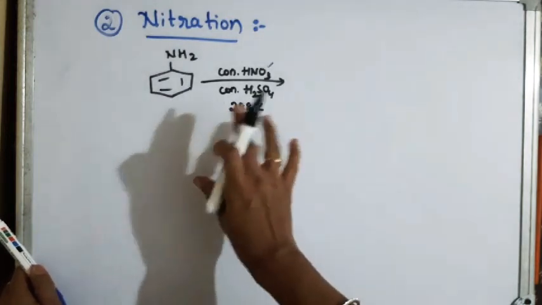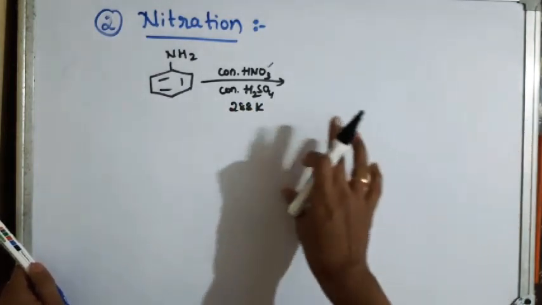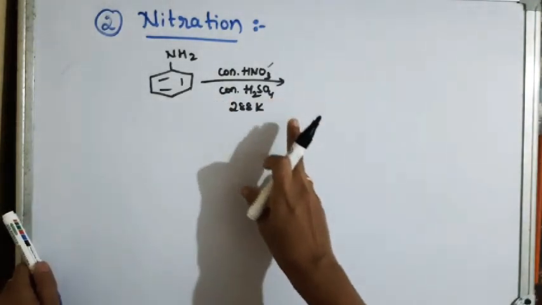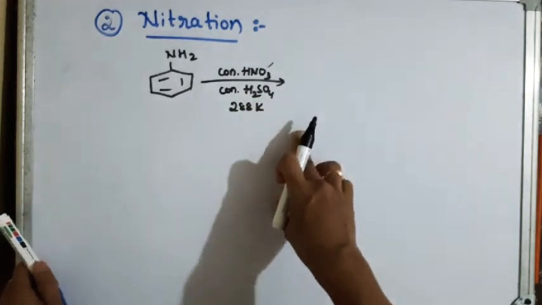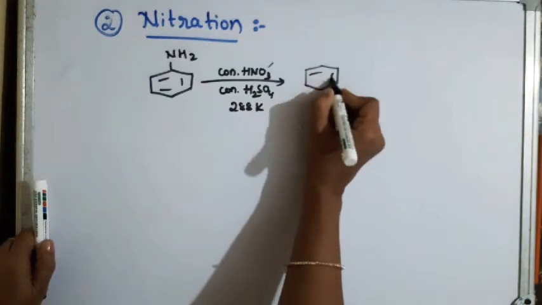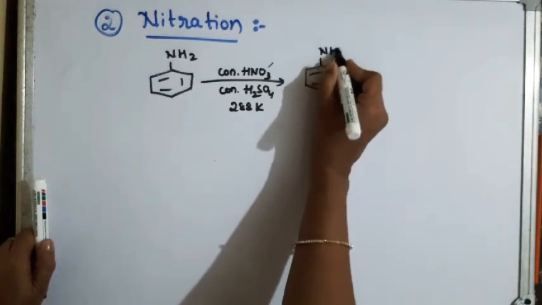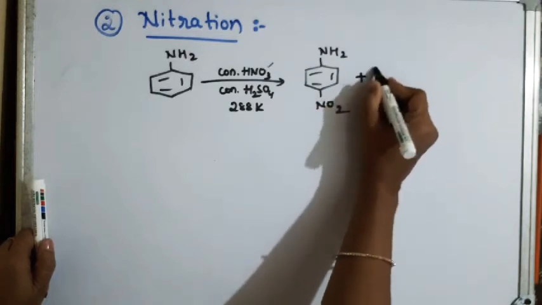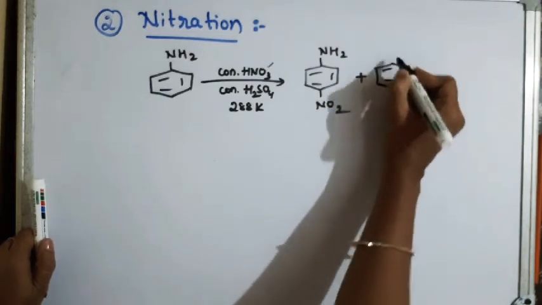So we have to control the whole process so that we get only the nitration products. So when this is subjected to controlled nitration, we are getting a mixture of ortho, para and meta-nitroanilines as a product.